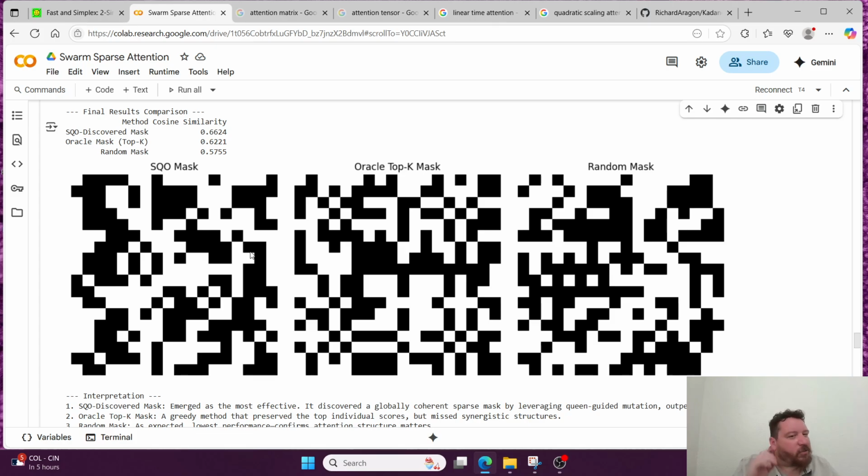So what sparse attention does is, let's just focus on the left. Let's say this left one is the QR code that we want the model to produce. Sparse attention removes 90% of this QR code and has the model reconstruct it.